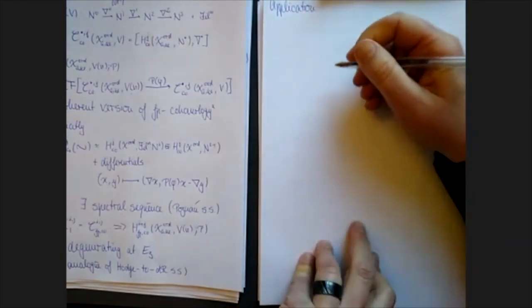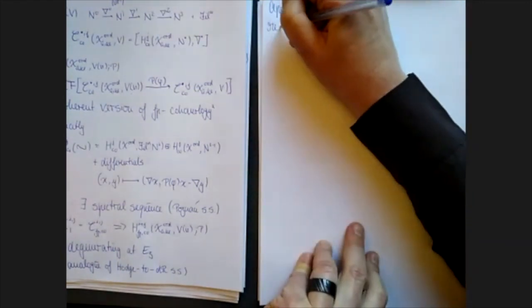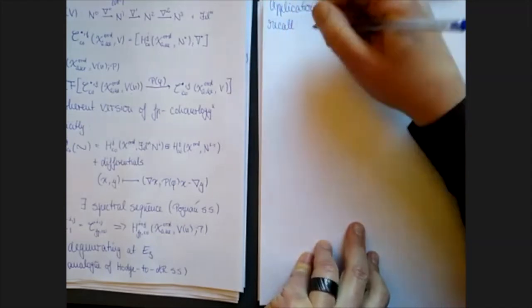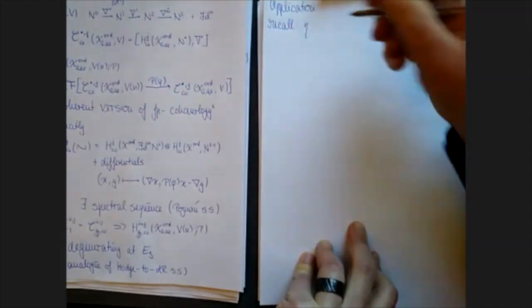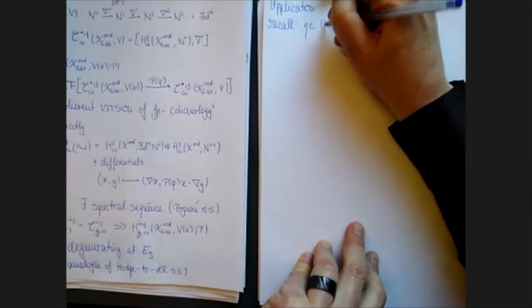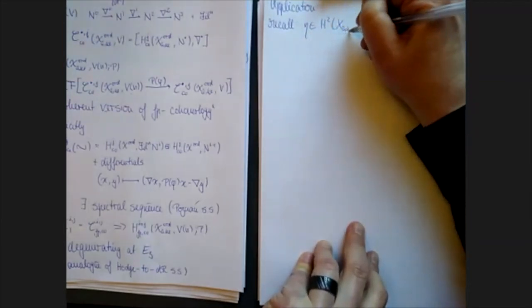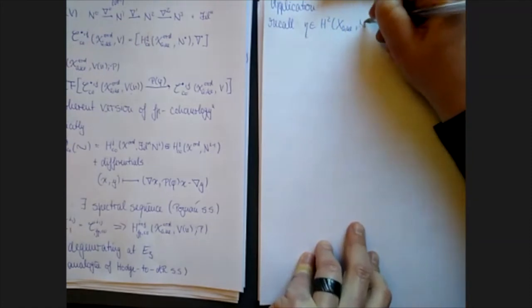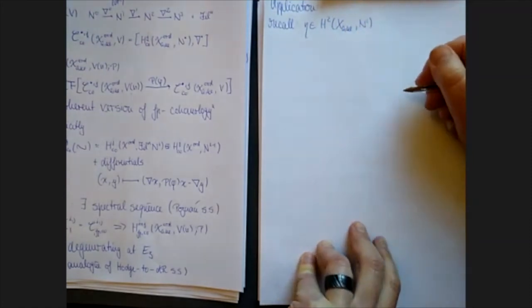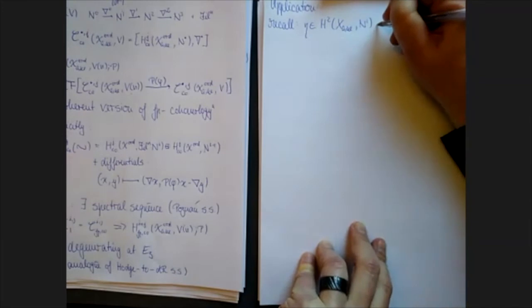We have the following application. We recall that we have this class eta defined in David's talk, which lives in the H2 of XG Klingen with values in the N1 term of the BGG complex.